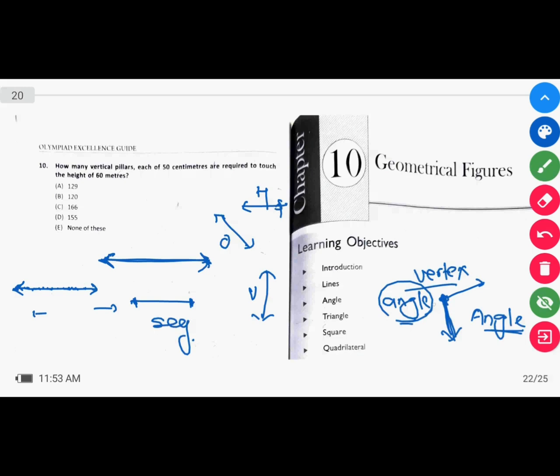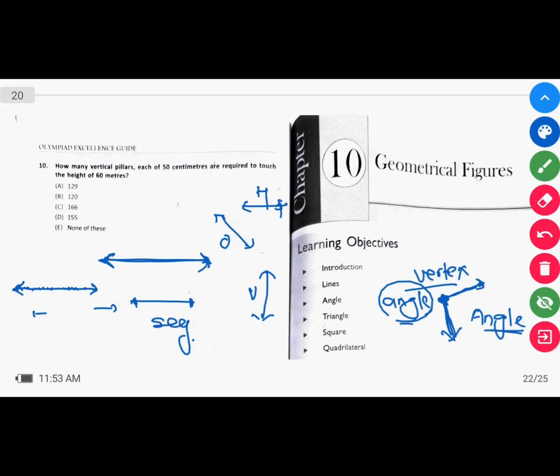Okay, now the lines in the angle have a limitation at one end and infinity at the other end. Okay, it means its length can be increased infinitely at one end, and it has one point of limitation that is known as the vertex.